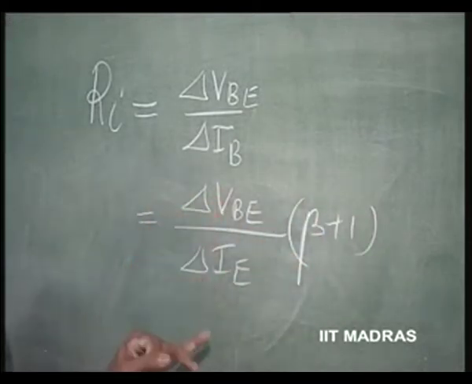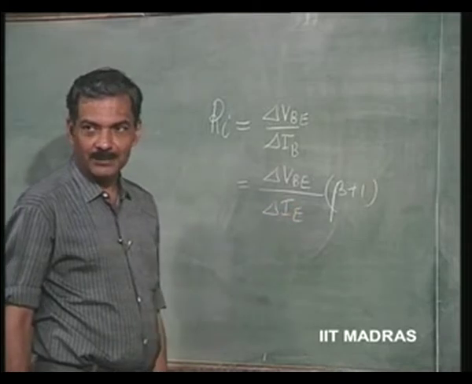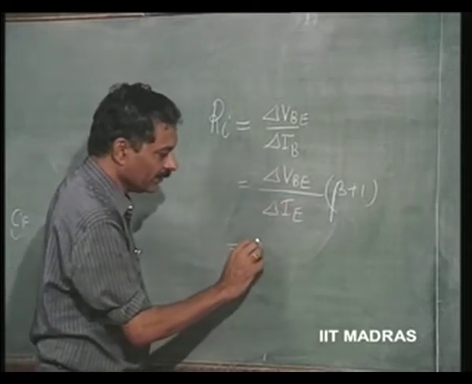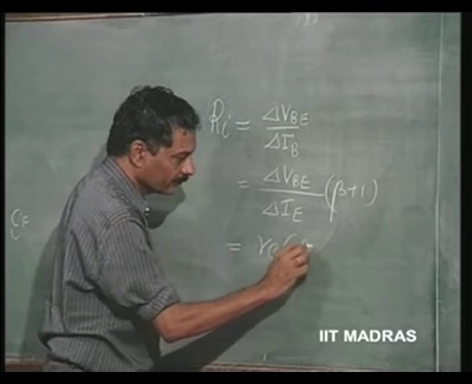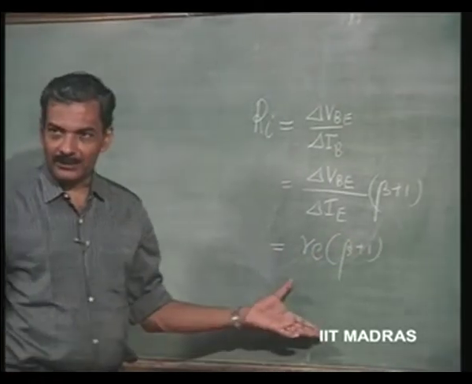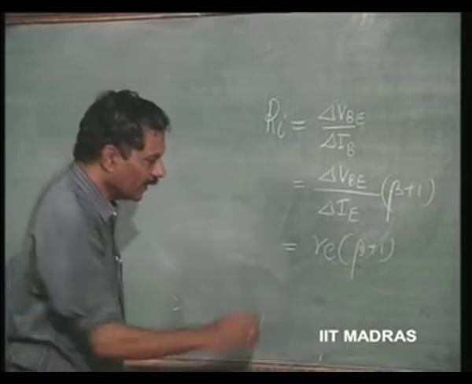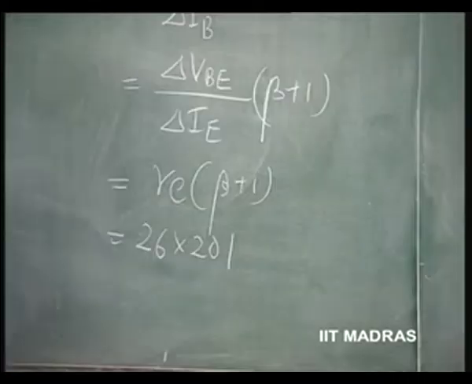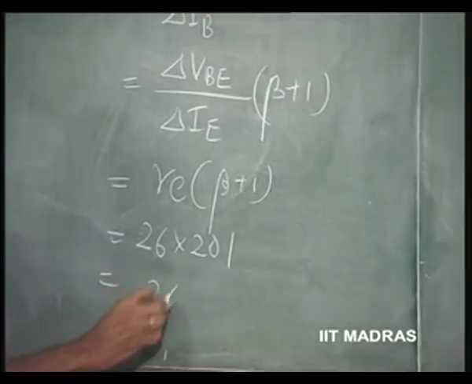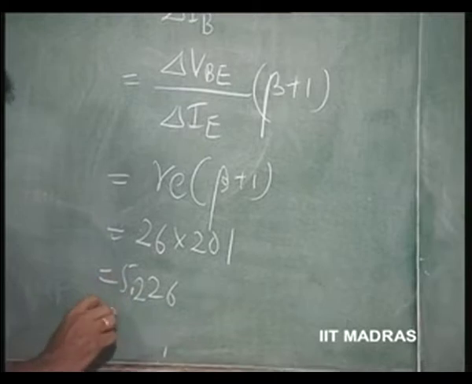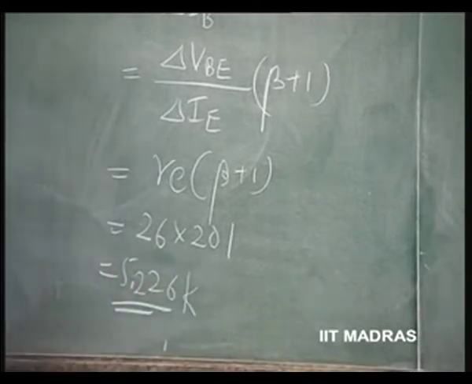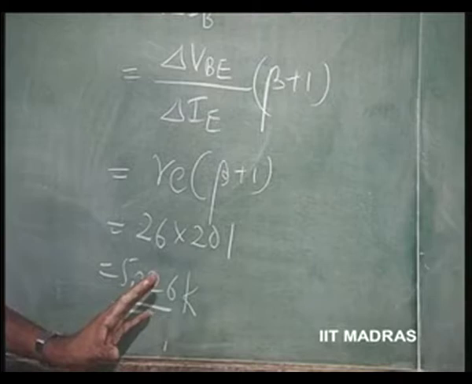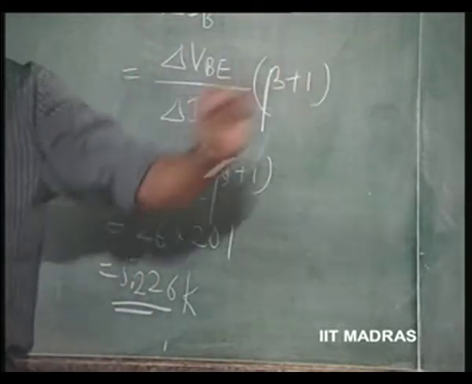Delta IB and delta IE are related by this factor beta plus 1. Delta VBE by delta IE is nothing but Re. This is what we had done earlier also, Re into beta plus 1, and Re is 26 ohms into 201. So, this is equal to 5.226 kilo ohm. This is the input resistance of our common emitter amplifier.